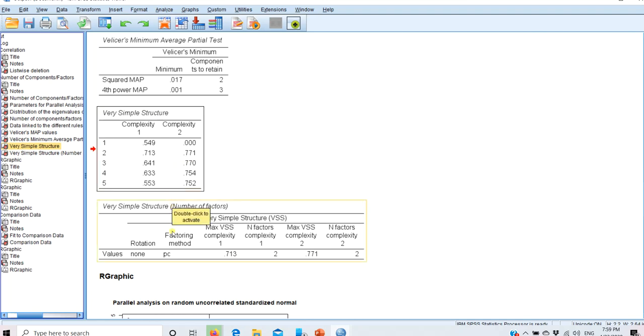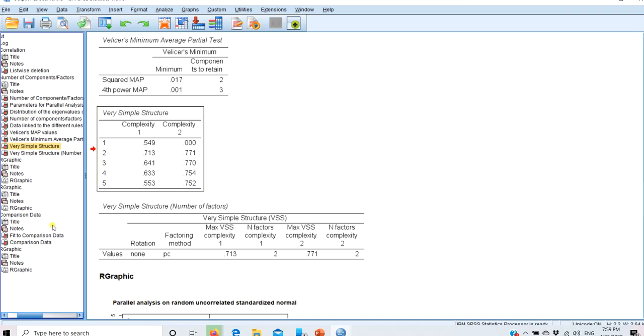So both methods are suggesting, at complexity 1 the number of factors is 2, and at complexity 2 the number of factors to be retained is 2. So almost all the analyses done so far, except the fourth power, are suggesting that we have to retain two factors.